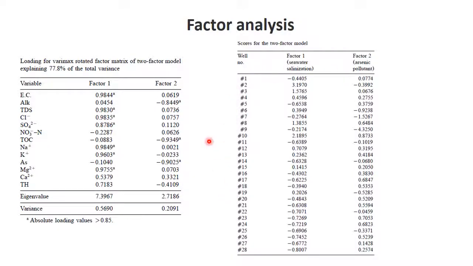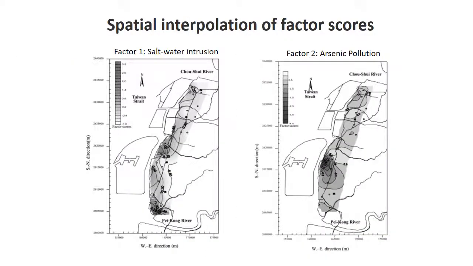These samples come from locations in space, so we can plot these factor scores onto the original map and do some spatial interpolation. Instead of interpolating every single variable, which could be another option but is difficult because those variables are correlated, we can now interpolate these factors independently. Something we will return to when we talk about geostatistics and interpolating multiple variables.